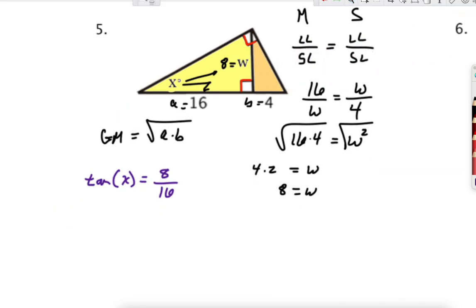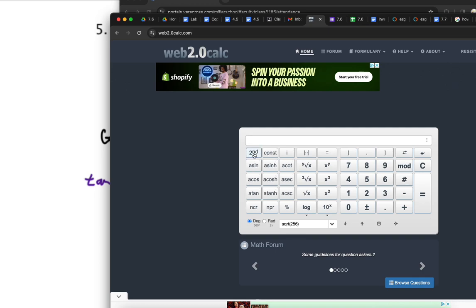And 8 over 16 is 1/2, but I have to take the inverse tangent of this. So I'm going to take the inverse tangent of both sides. And instead of writing 8 over 16, I'm just going to do 1/2. You can actually do the inverse tangent of 8 over 16 and get the same answer. Inverse tangent of 1 divided by 2.